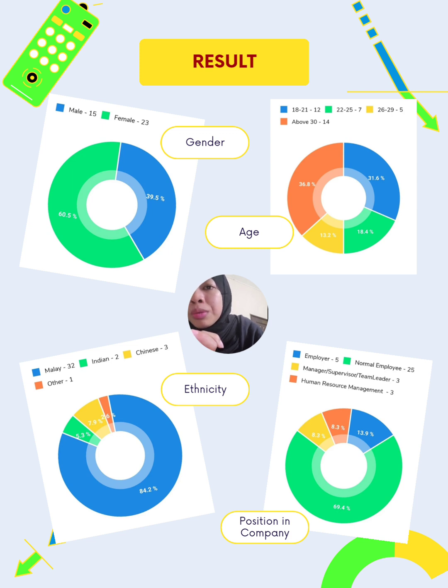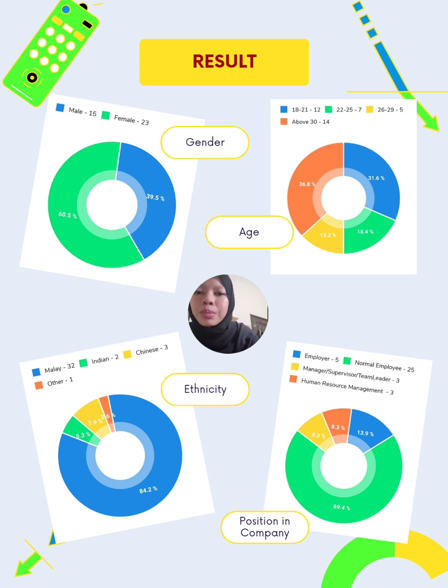Next is Indian, which is 2 respondents, 5.3%. And the last one is other, and it doesn't state what the ethnicity is, but it's 2.6%. So from here you can see that most respondents are Malay.